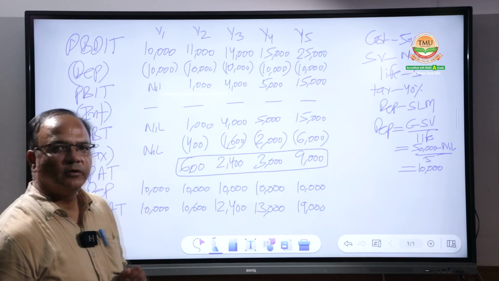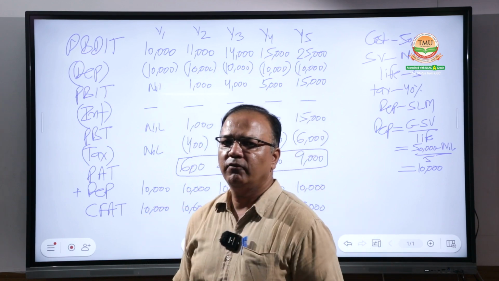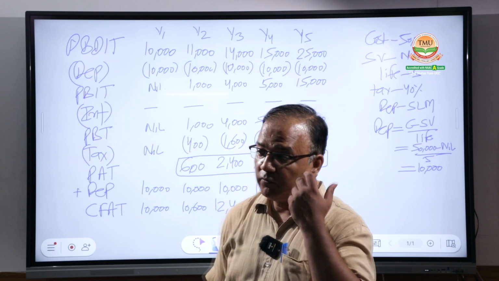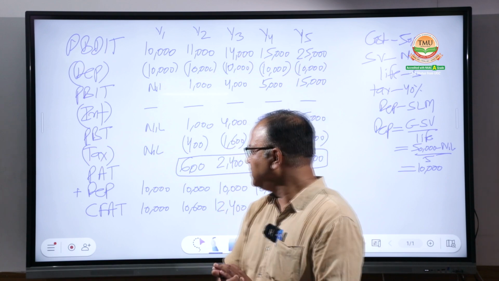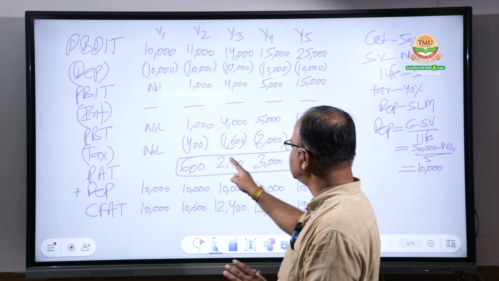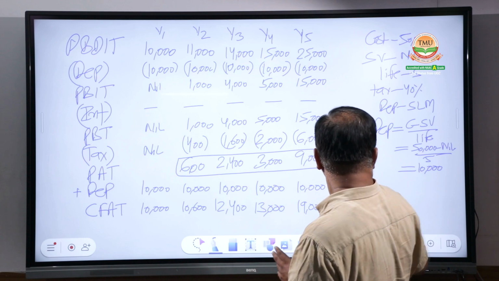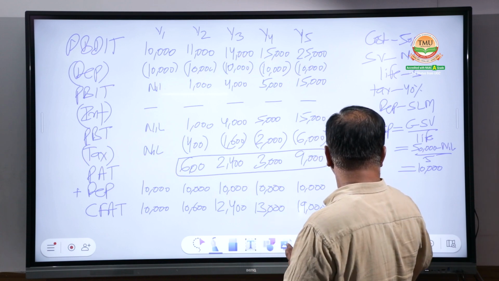If you have to calculate accounting rate of return, it is simple. We have calculated it earlier; we have solved 2 numericals, so I think it's very clear to you. You add profit of first year, second year, third year, fourth year, and fifth year, and calculate average profit.